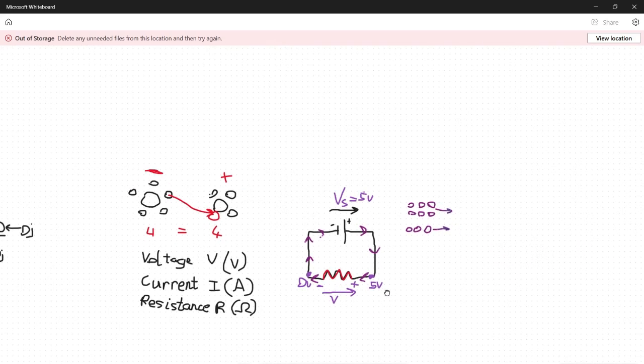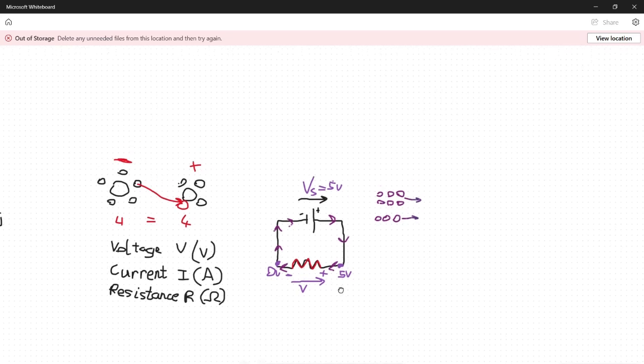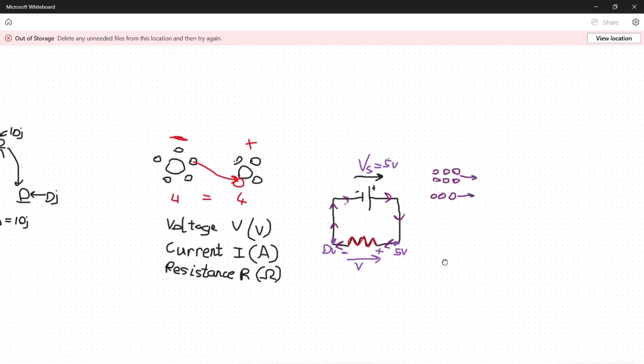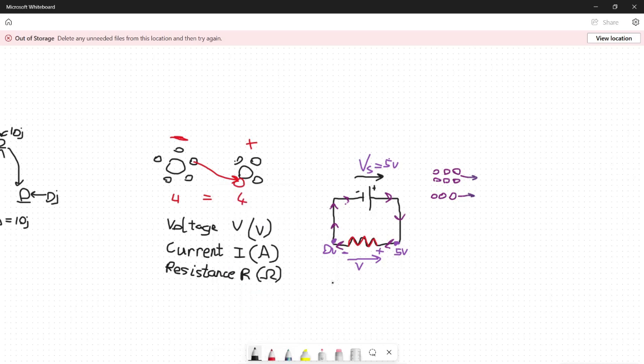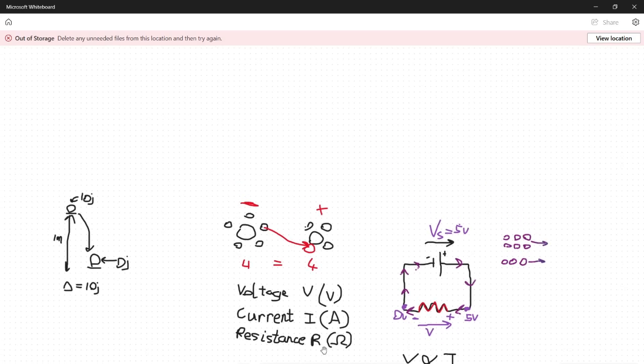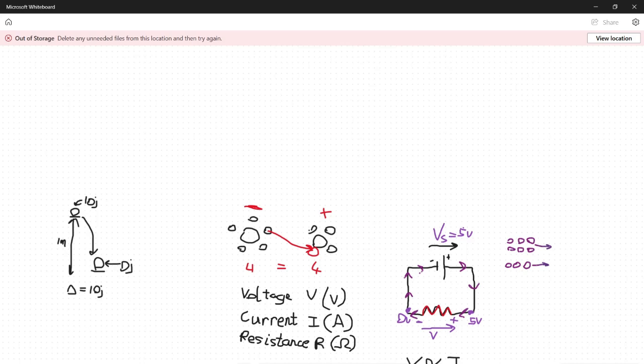Now, all of these, resistance and current and voltage, they all have a relationship. Now, this relationship can be seen when we say voltage is directly proportional to current, because the greater the amount of charge, the greater the difference in the charge, the more electrons need to flow to make it balanced.